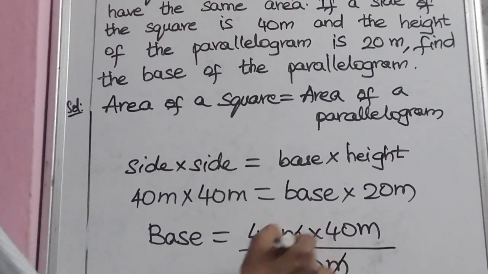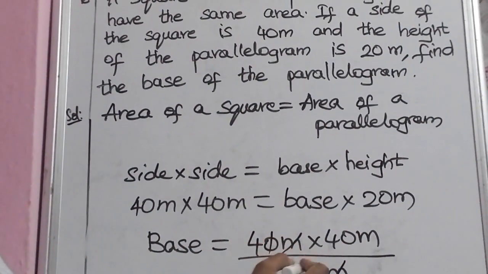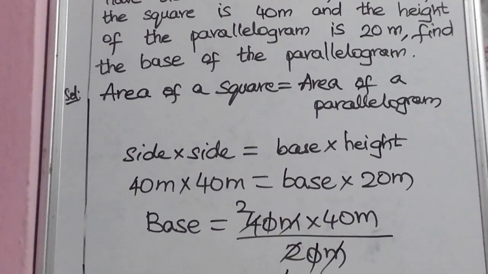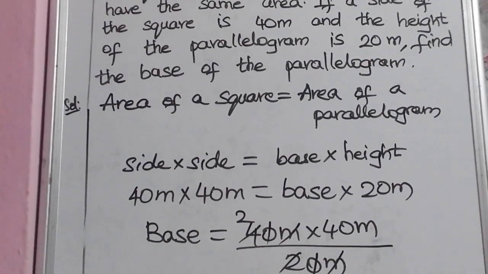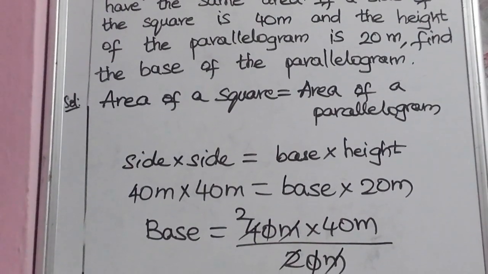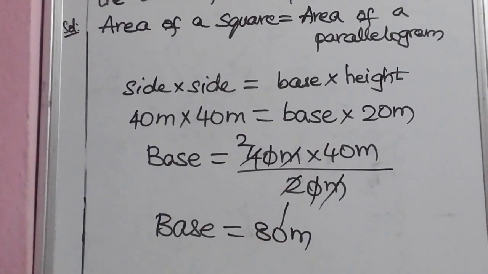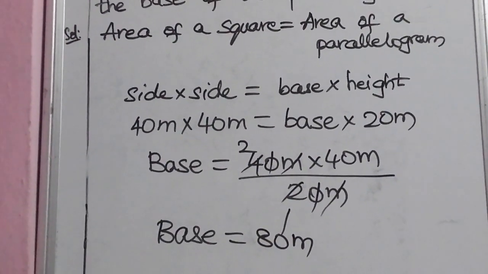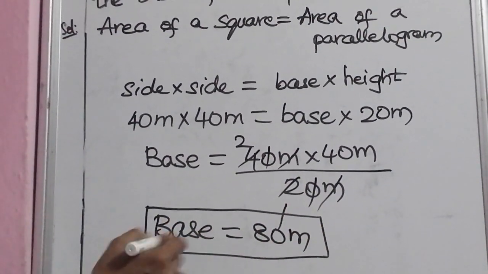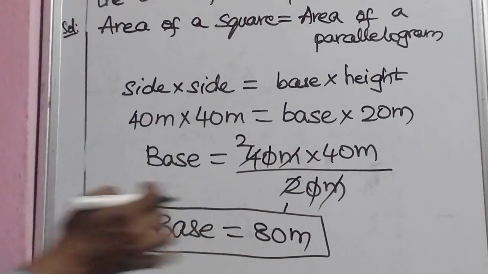Meters and meters get cancelled, 0 and 0 cancelled, 2 ones are, 2 twos are. So base is equal to 4 twos are 8, 1 0 is there, so 80 meters. Base you got as 80 meters. Understood this? Copy in your classwork books.